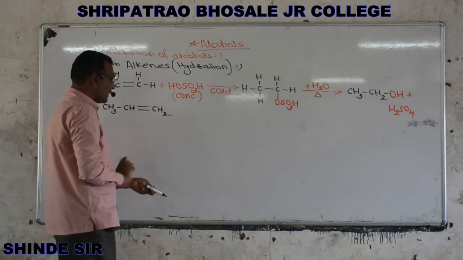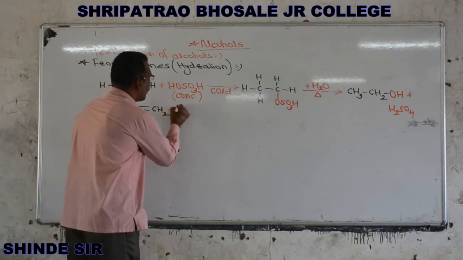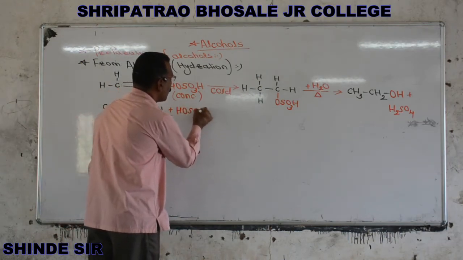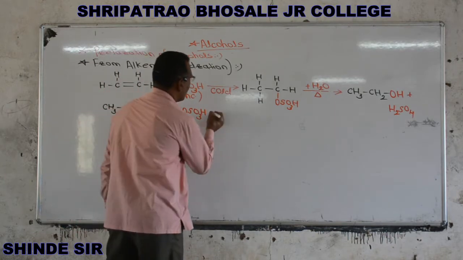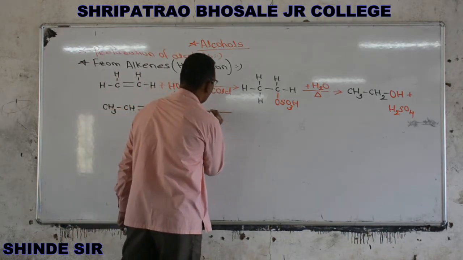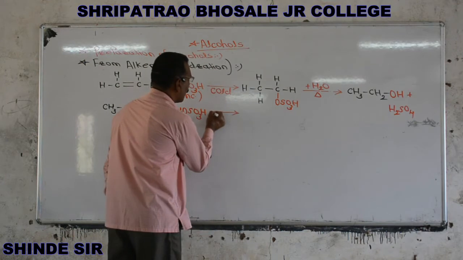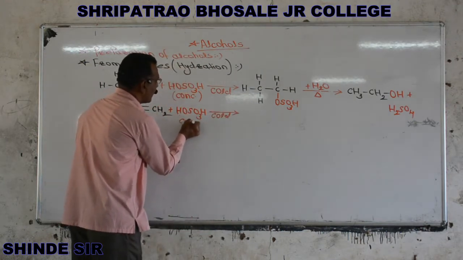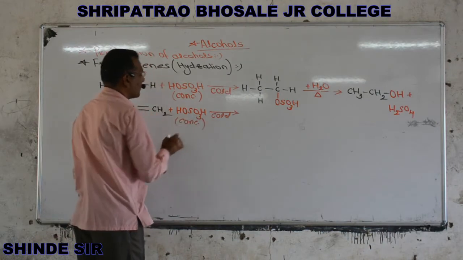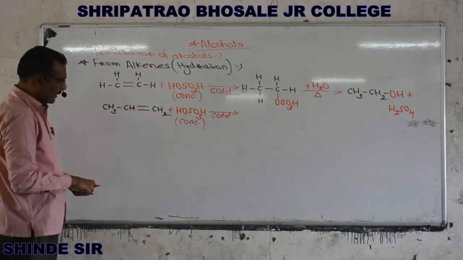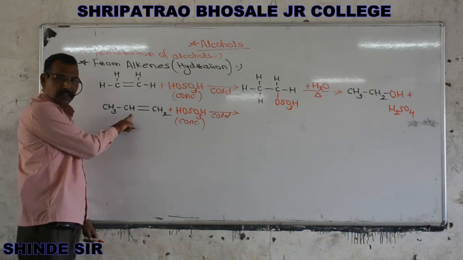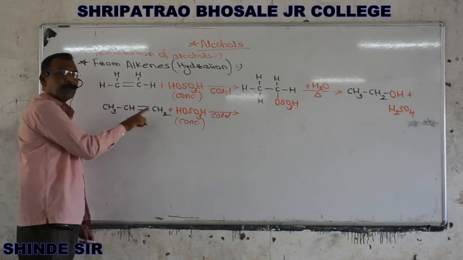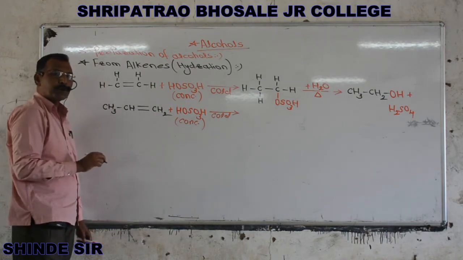Now when this propene is treated with cold and concentrated sulfuric acid, the same cold condition, and sulfuric acid taken concentrated, what happens here? This is an unsymmetrical alkene and an unsymmetrical reagent. So addition takes place according to Markovnikov's rule.